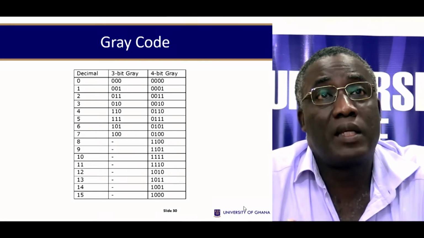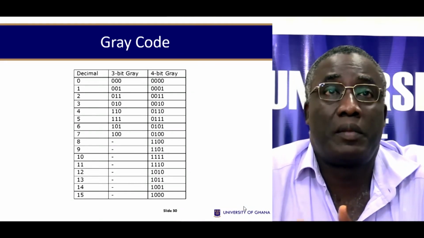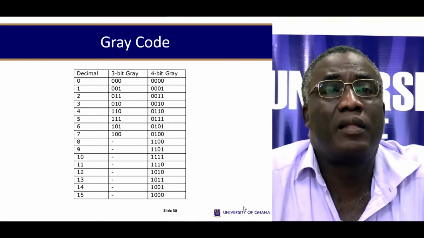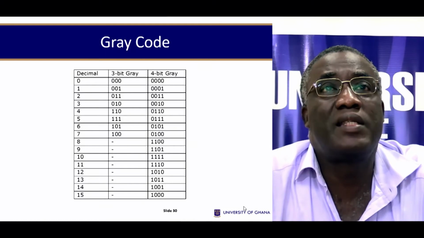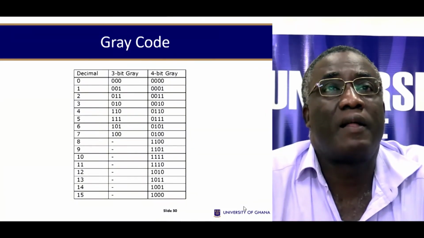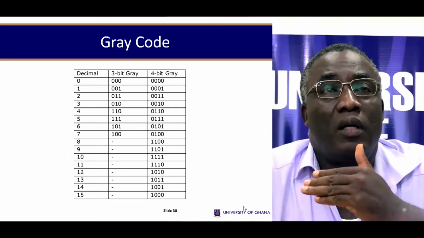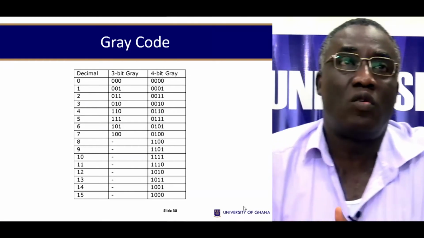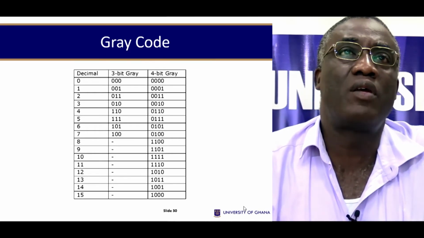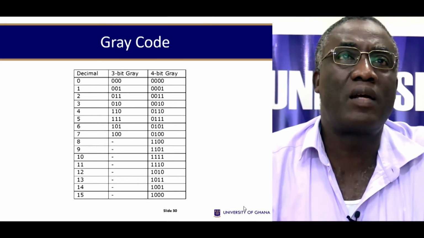And then there's another code known as a gray code. There's the 3-bit gray code, the 4-bit gray code, and so on. Now, the thing about the gray code is that if you move up the decimal number, say from 0 to 1, the 3-bit gray code for 0 is 000, and for 1 is 001.